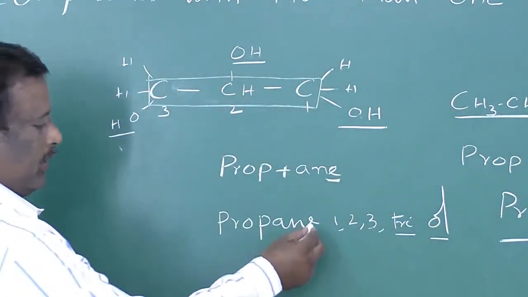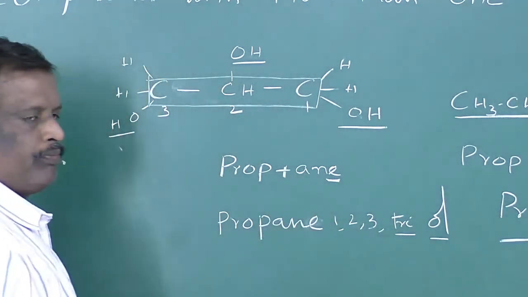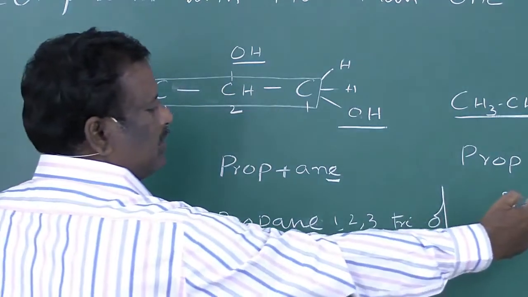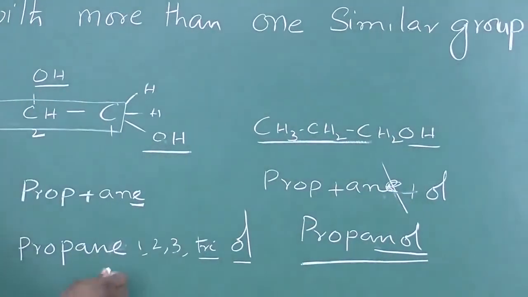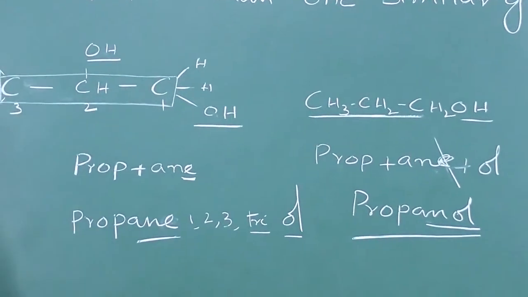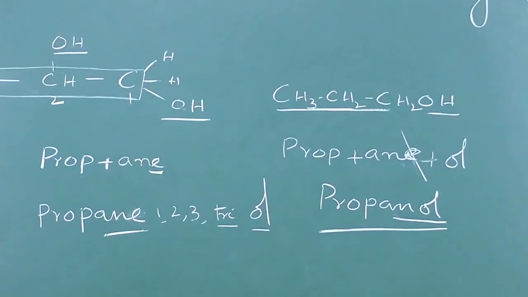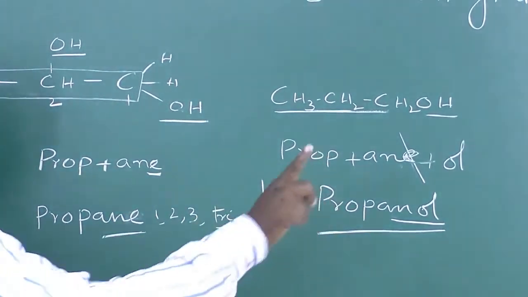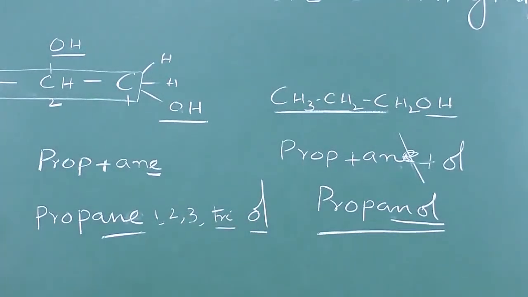The main thing that you have to remember is that you should retain the E. In the previous cases, we strike off that E and in place of E we add OL. Here we are not going to do that. The propane should be pronounced like that only. Propane-1,2,3-triol. If 2 alcohols are there, diol, like that.